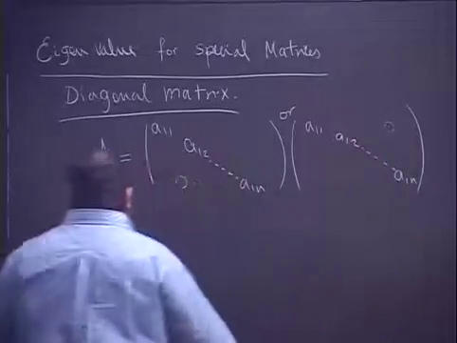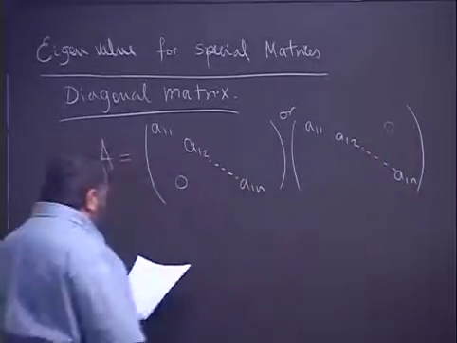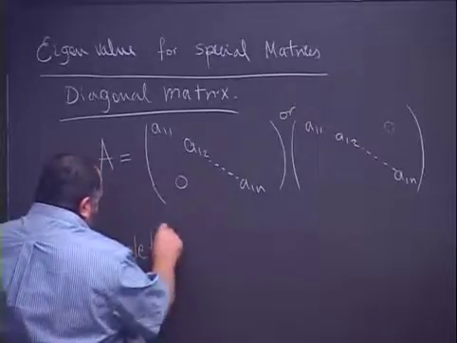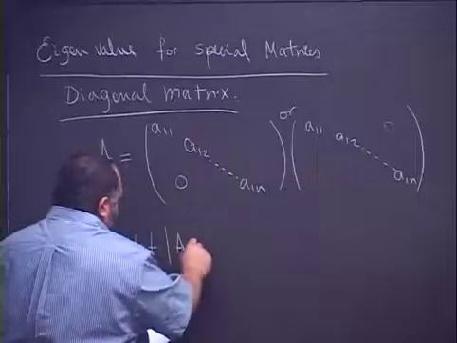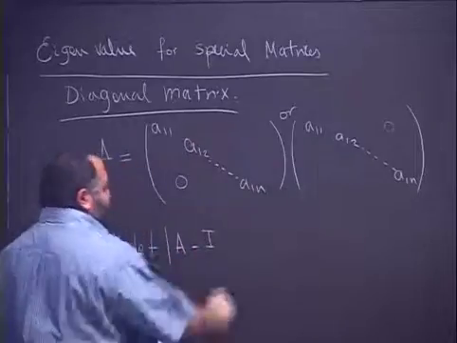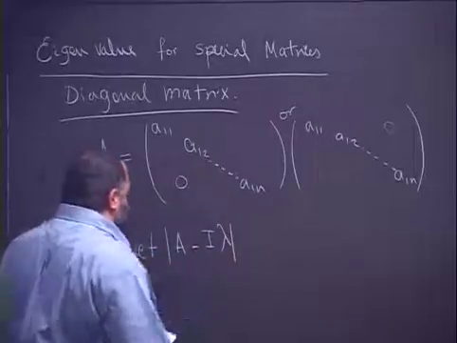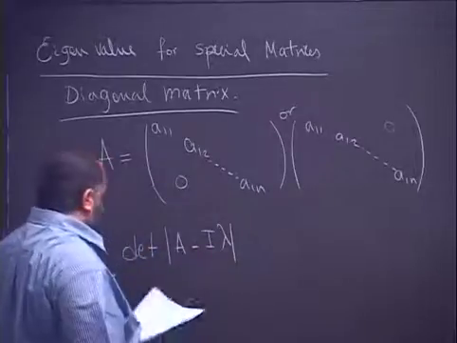So the characteristic equation for the diagonal matrix usually will be the determinant of the matrix A minus the identity matrix, as we stated last time, multiplied by lambda, which is the eigenvalue.